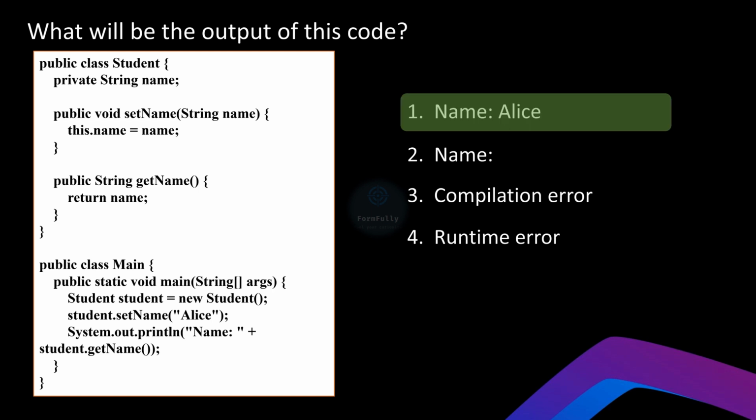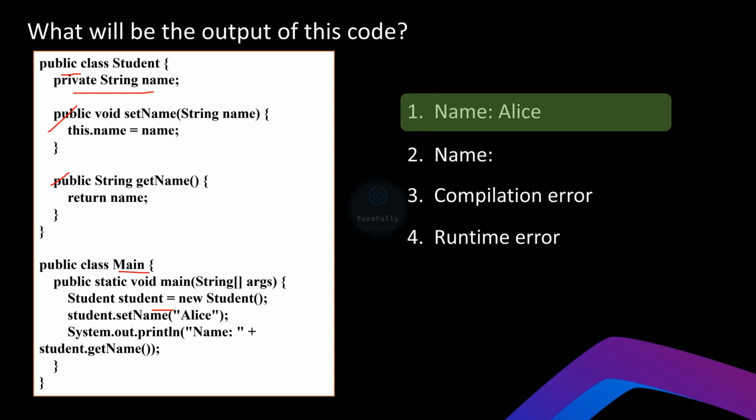The correct option is name alias, because let's see the code first. Here we have student class with private name instance variable, correct, and they have two methods for setting and getting name, right, this and this. Okay. In the main class we have main method.